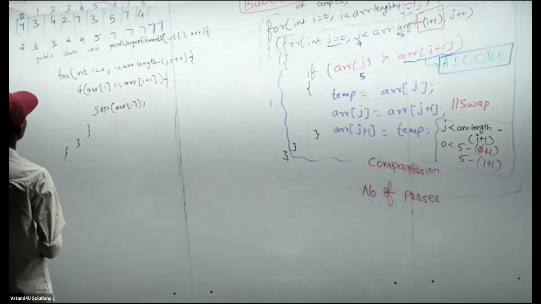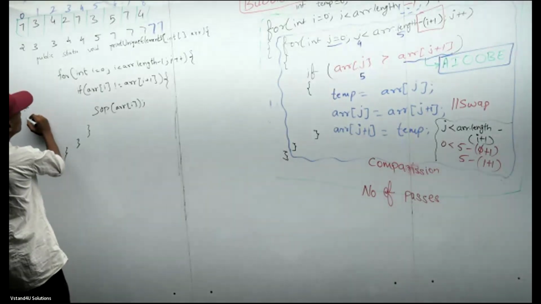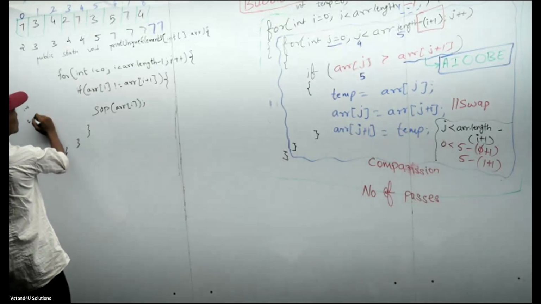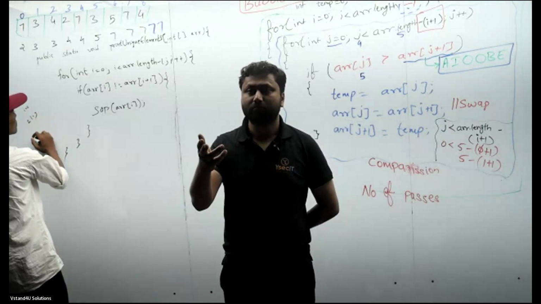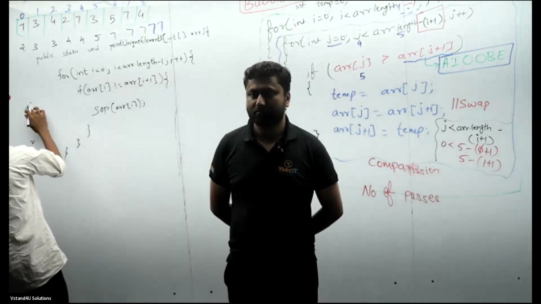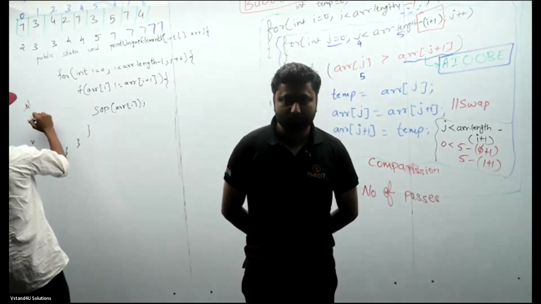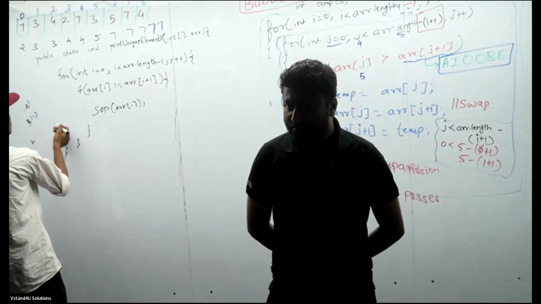Arun, that exception would have come because of the j loop termination condition. Check. Done. Faster. Monica, any update?